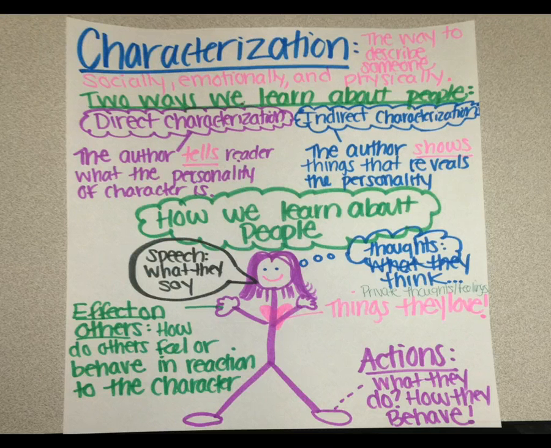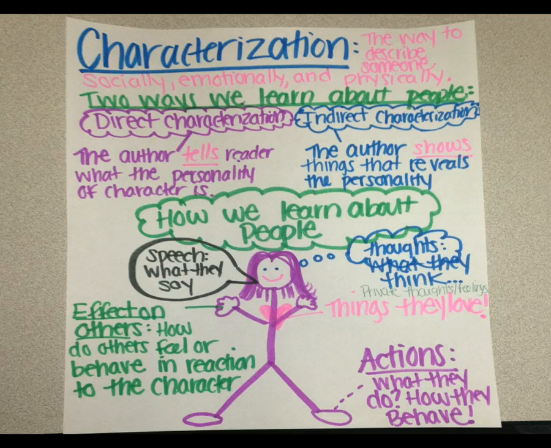That shows us, he didn't have to tell us, that shows us that Jonathan's nice, right? Shows us that he's caring, good friend, good classmate. That would be indirect characterization when they show you something that reveals your personality. That's more of those inferencing things that you know by the way someone acts, the kind of person they are. So again, indirect is more like an inference based off of something that happens.